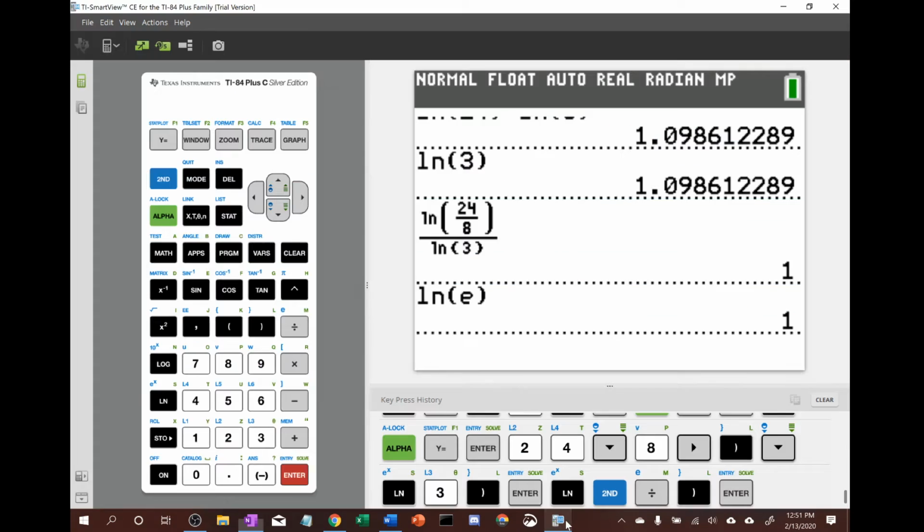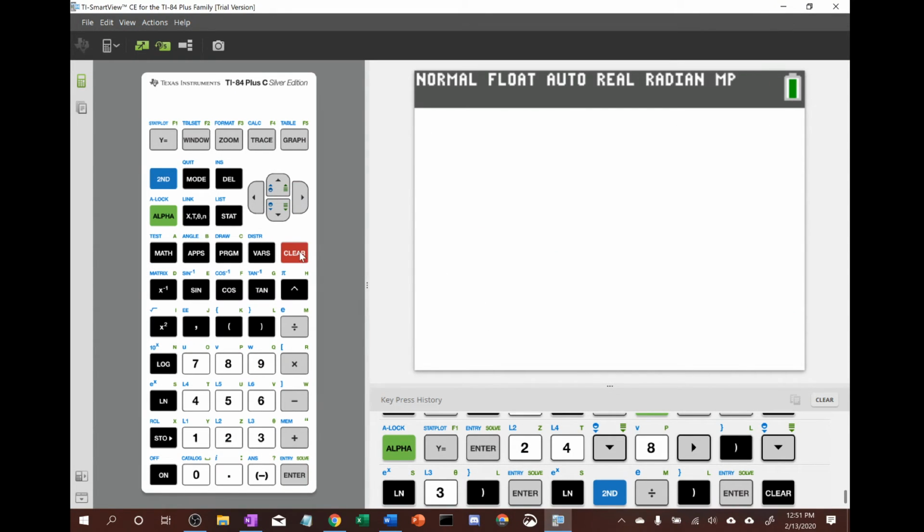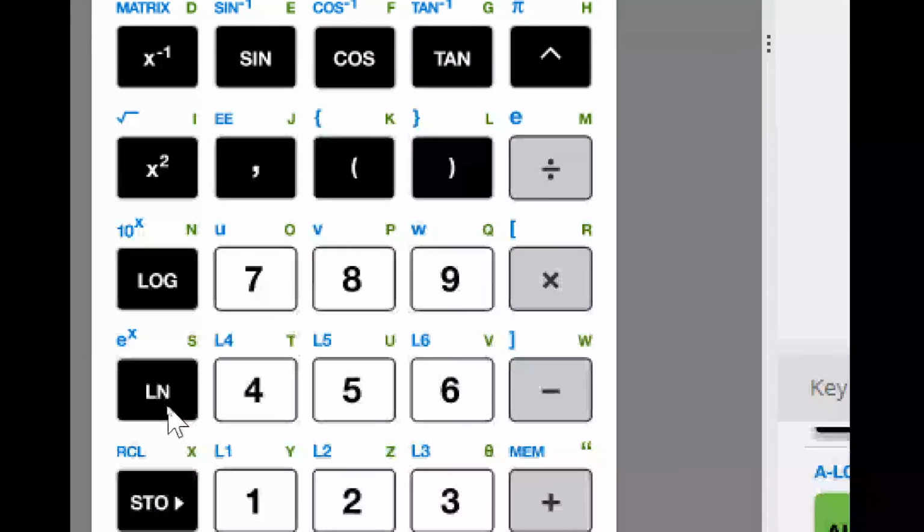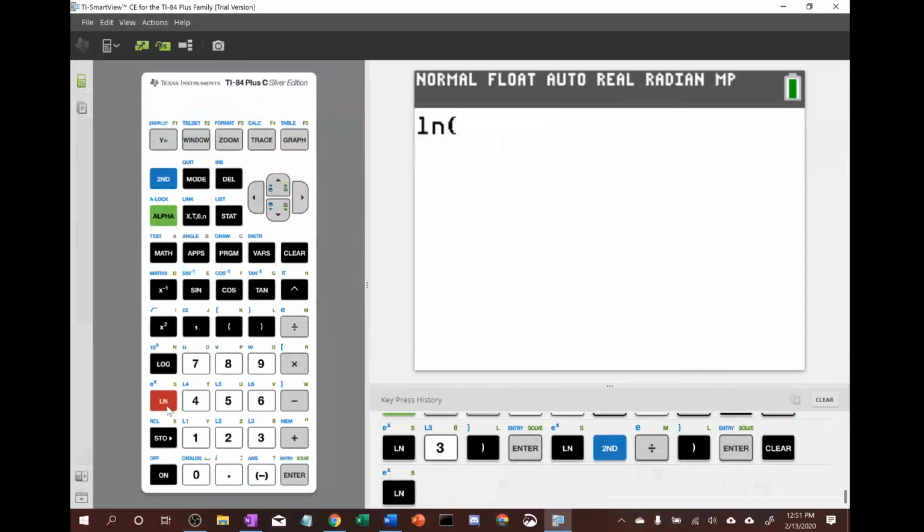Let's open up our calculators, clear everything out, and then hit this key right down here. Boom! ln to the left of the 4. So ln opens parentheses.